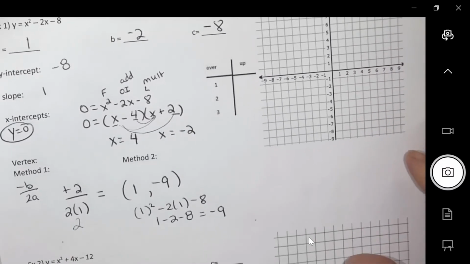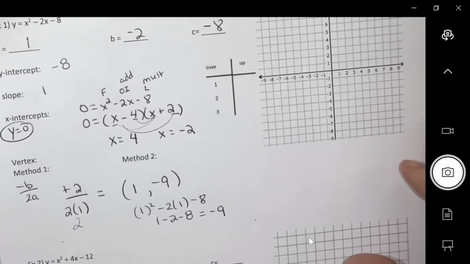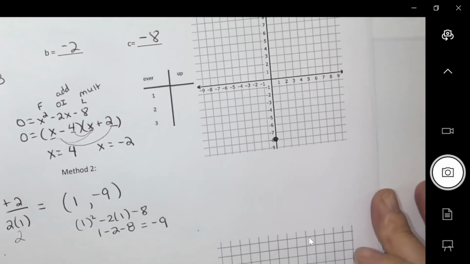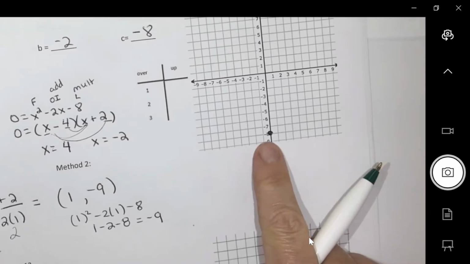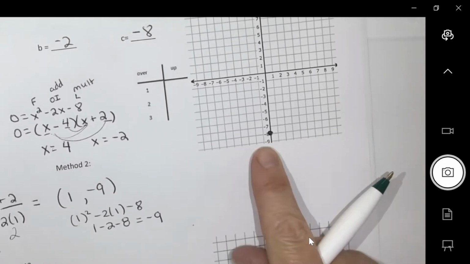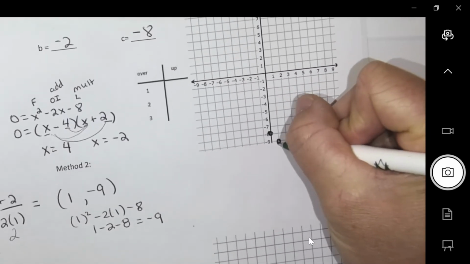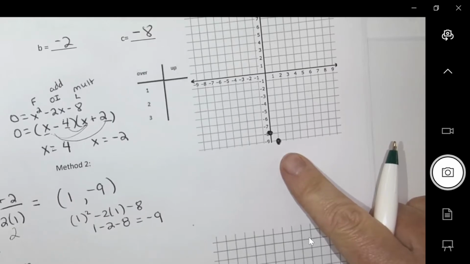Okay, you ready? I'm going to graph. So I had a y-intercept of -8. That's one thing we wrote. I had 1, -9 as a vertex. We wrote that.